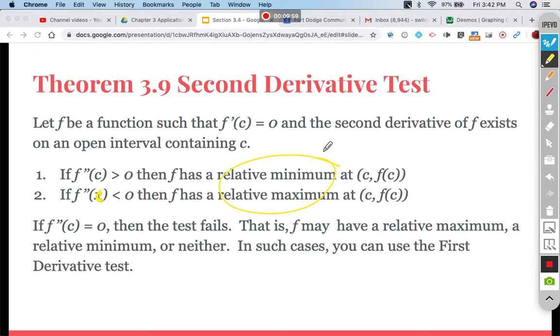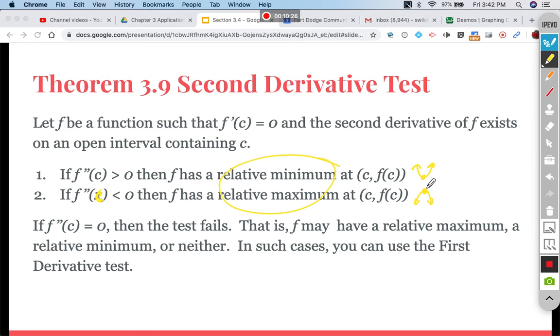If the second derivative is positive, that means it's concave up, so that means that must be a relative minimum. If the second derivative is negative, that means it's concave down, so that must mean it's a maximum. So that's going to work a little bit opposite of what you would expect.